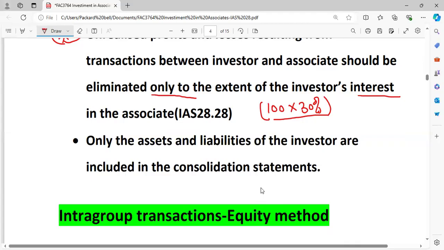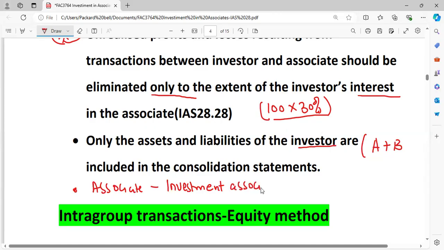You don't combine like what we used to do when we say A plus B. Here you only take the assets and liabilities of the investor. The rest for the associate is going to be represented in one line item under investment in associate.